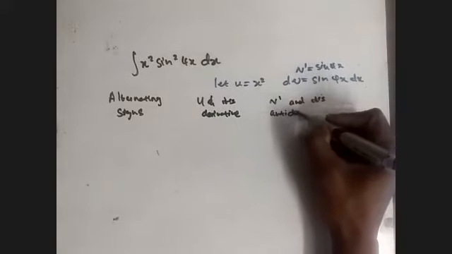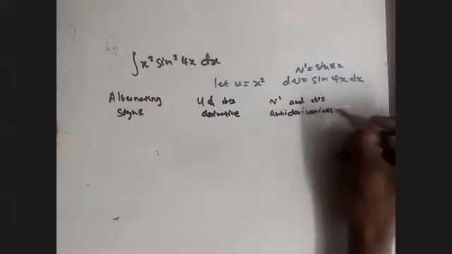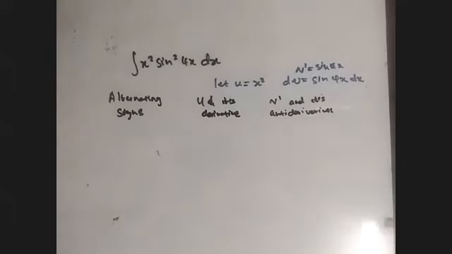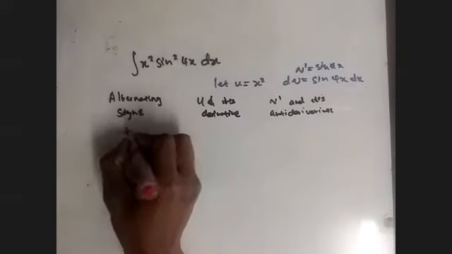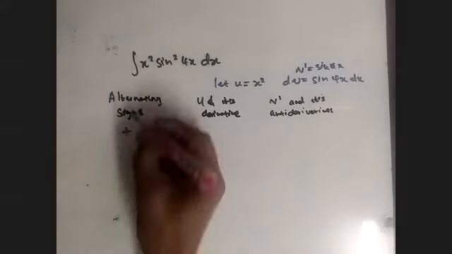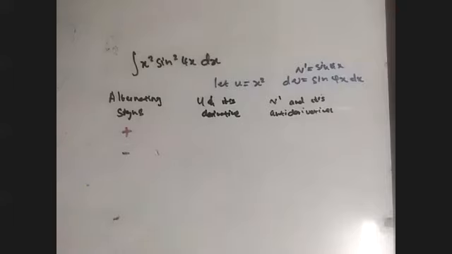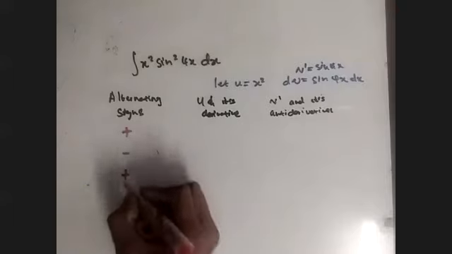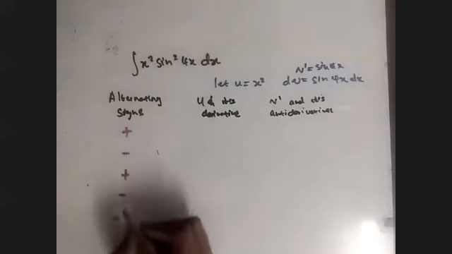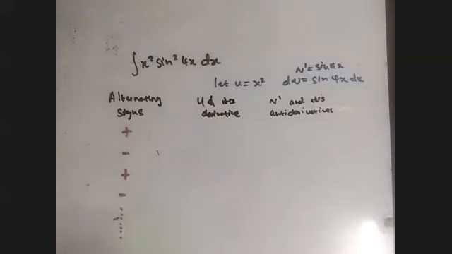When you start using the tabular method, you always start with the sign of plus, then it alternates to a minus, then a plus, then a minus, and so on.